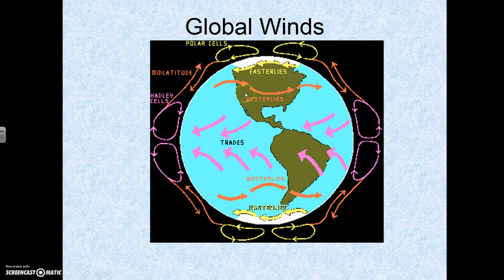The westerlies are next, and these are the prevailing westerlies, between 60 degrees north and 30 degrees north. And then in the middle are your trade winds, which come together towards the equator. And then right underneath it is the doldrums, D-O-L-D-R-U-M-S. And that is where there's really no wind.